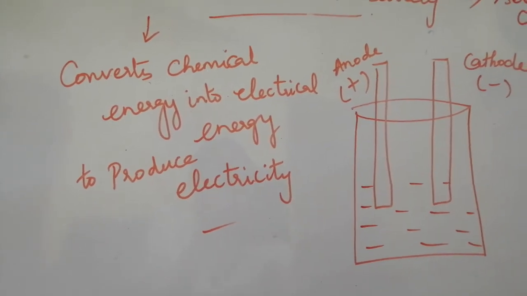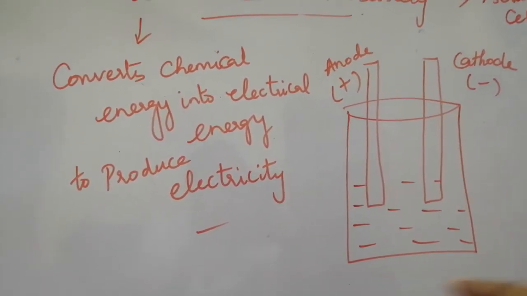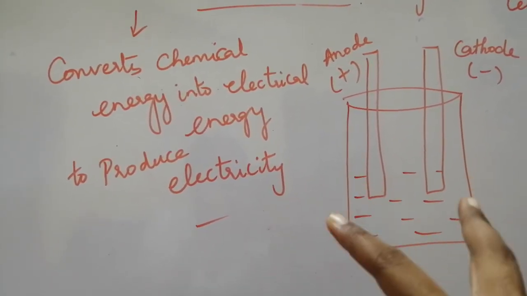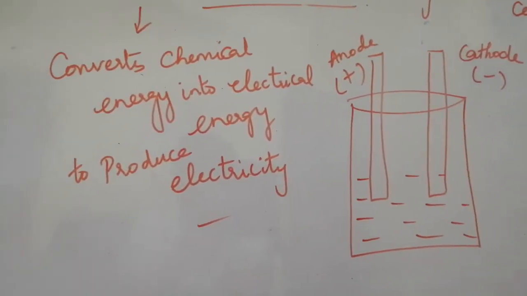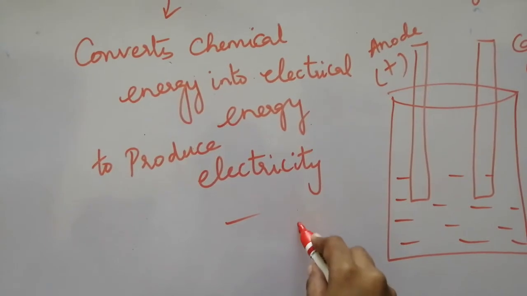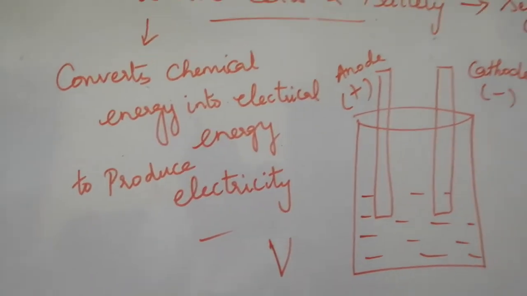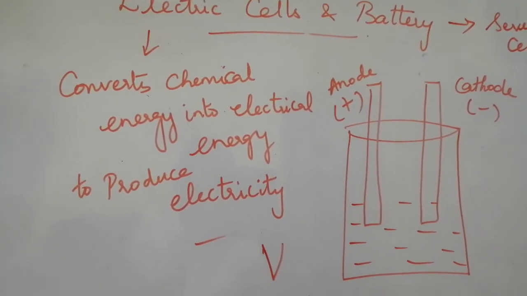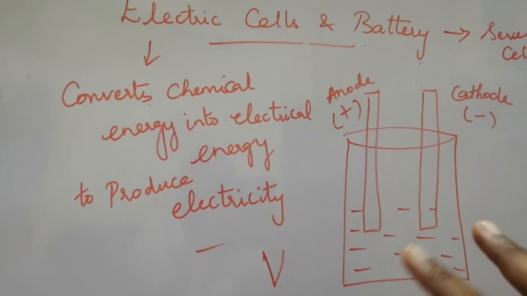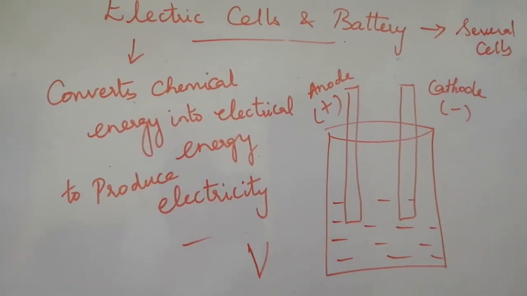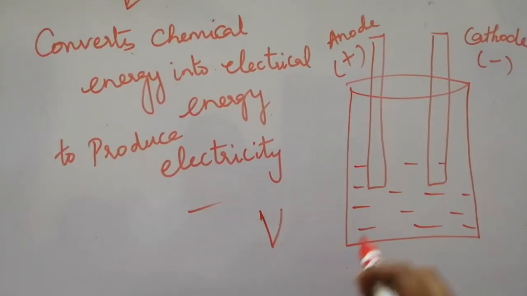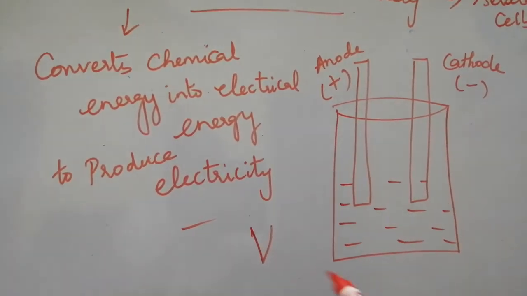Some reaction will happen in the cell, and a potential difference will be created. This potential difference is what we have defined as the potential difference V, that is some energy. Because of this potential difference V, the electrons will start to move out of the battery and flow into the circuit.